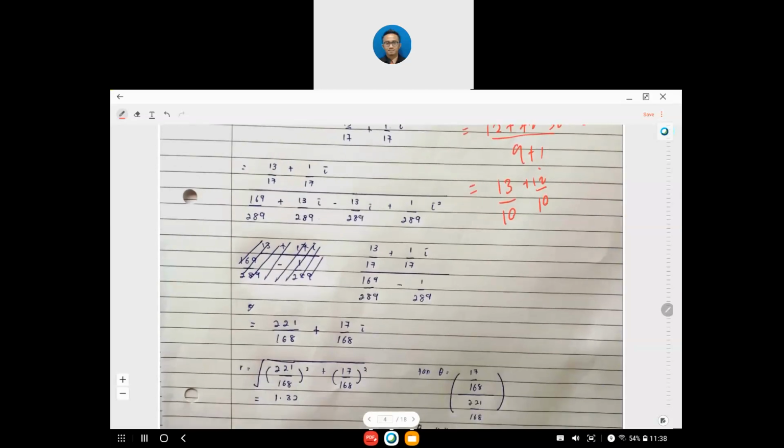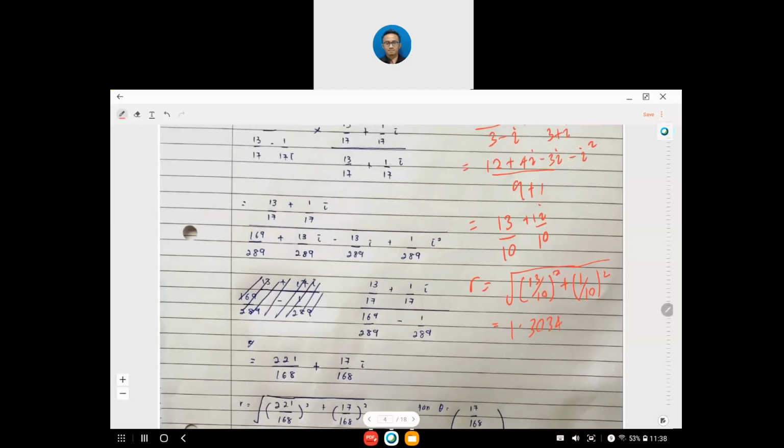Okay. So this one, r, you can get the square root of 13 over 10 squared plus 1 over 10 squared. Okay, so this one you can get 1.3034. This one is first quadrant, because both values are positive. So first quadrant.